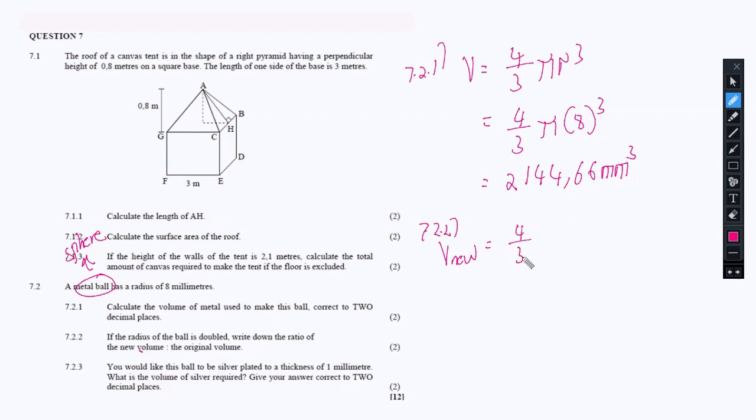So this is 4 over 3 pi r cubed, and the radius is doubled, so instead of 8, we have 16. And then you simply punch all that into your calculator: 4 over 3, then pi, and then 16 cubed.